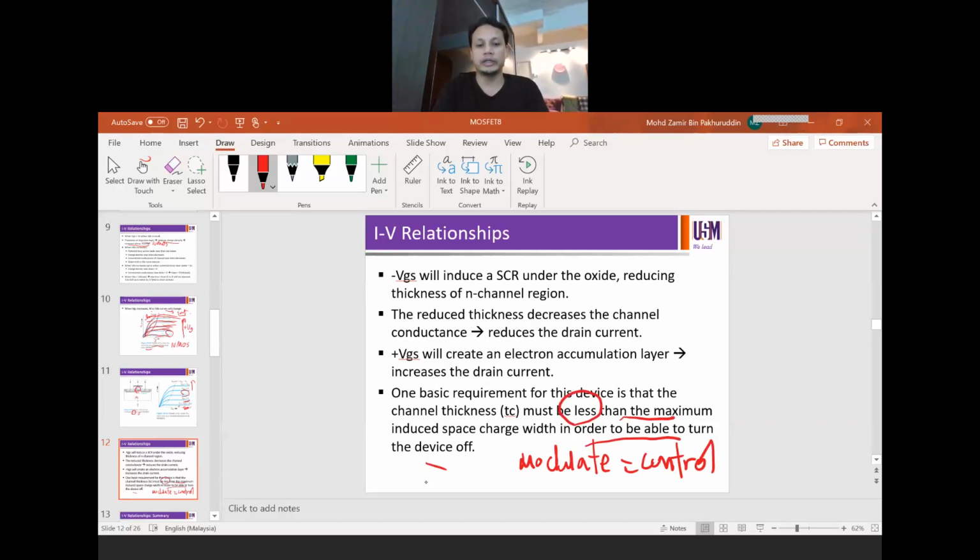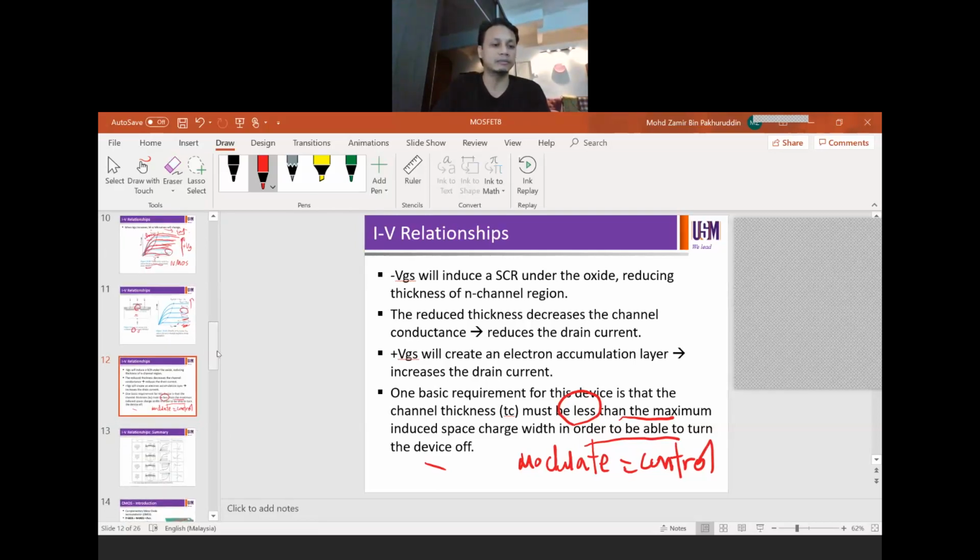If your channel thickness is not less than the maximum induced space charge region, you will not be able to turn off the device. It will just be on all the time. So it's a matter of identifying our channel thickness versus the maximum induced space charge region, and this can be done by calculation.